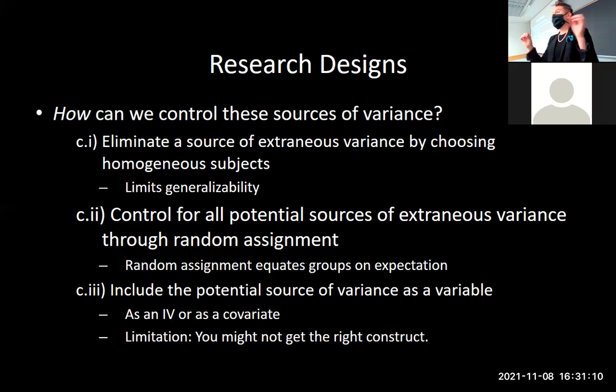And if I have randomly assigned people, then they're equated on expectation, and then I'm able to make some more causal claims. And then lastly, if you know there is something that might affect how people respond to your treatment, you can include that potential source of variance as a variable in your analysis, as a covariate in your analysis.